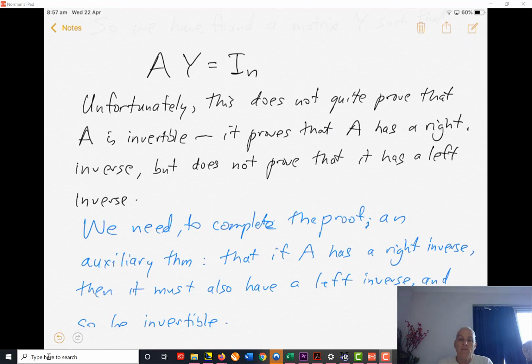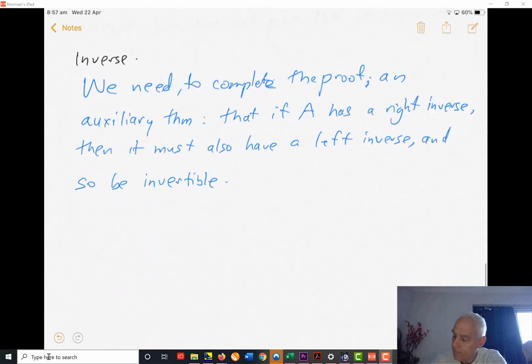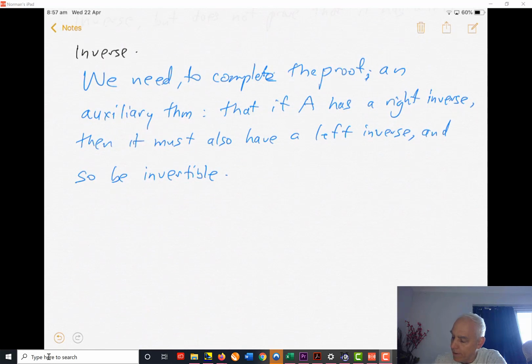So we're going to need some more arguments today to bridge this last step. So we're assuming condition 2. We've deduced that this matrix A has a right inverse of Y, and we know that AX equals B always has a solution. So let's carry on now with the argument.